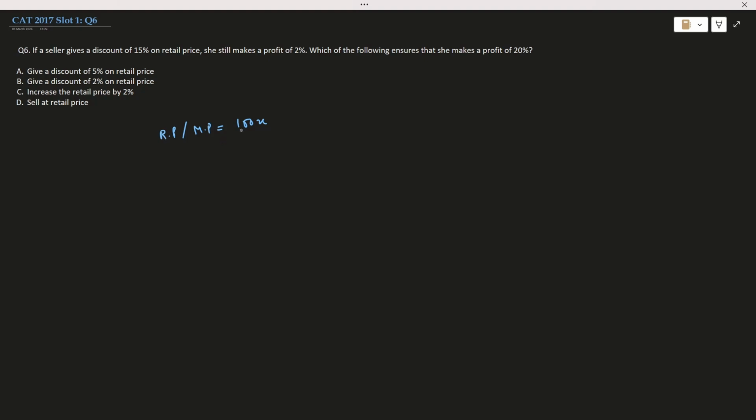So the seller is giving 15% discount. So what will be the selling price? Selling price will be 85x, right? 15% of 100x is 15x. So the selling price is 85x, and she is making a profit of 2%. So I can say 102 by 100 times CP is equal to 85x.